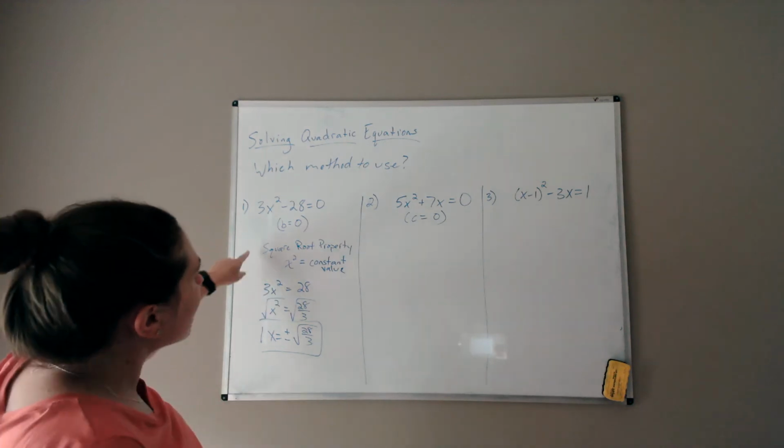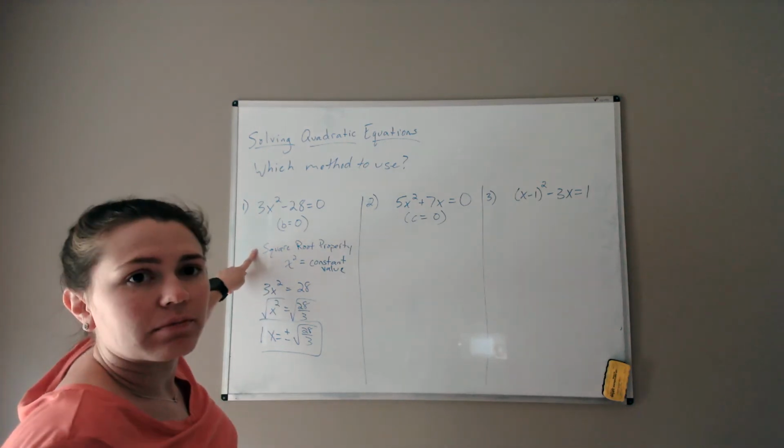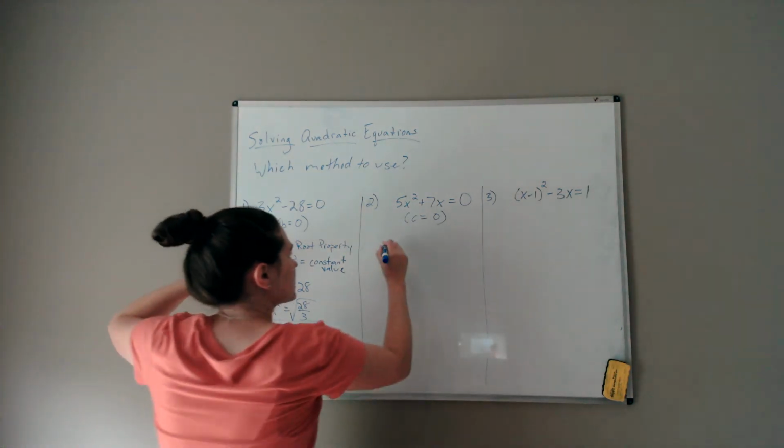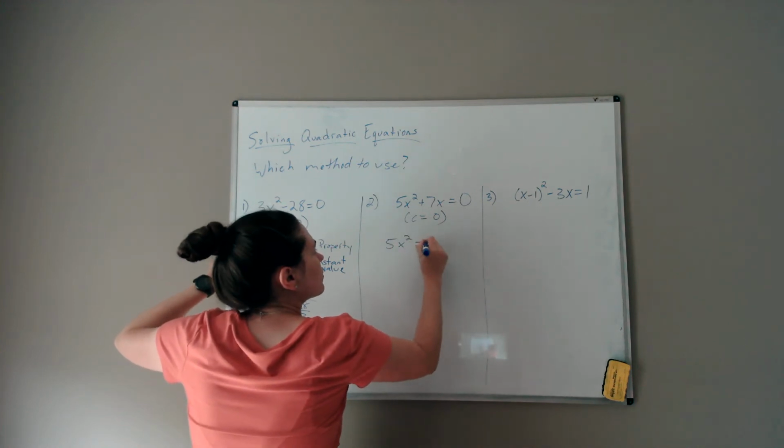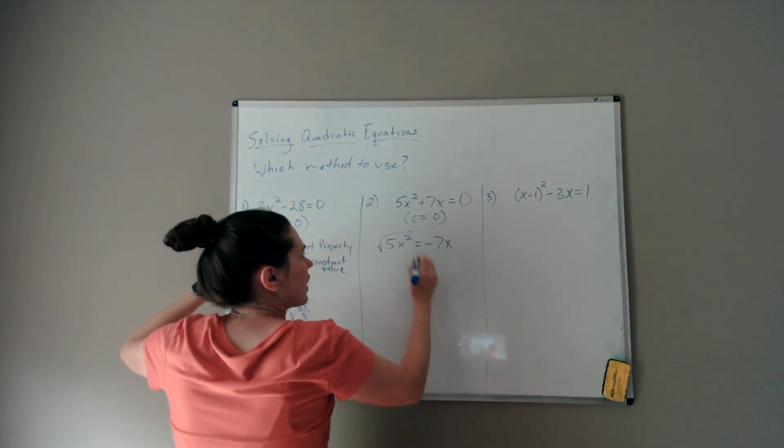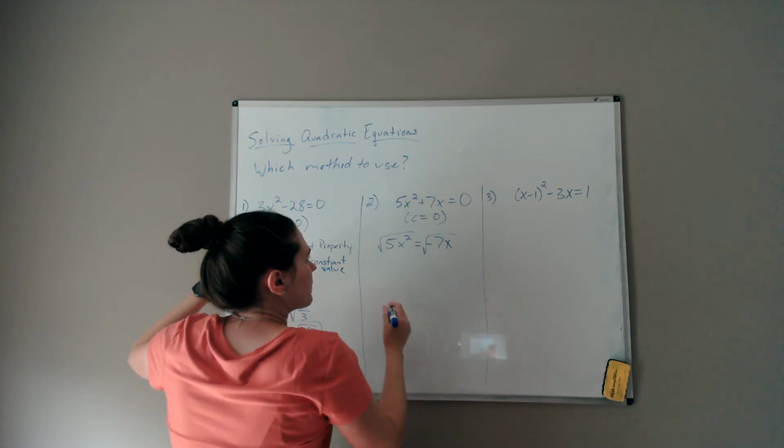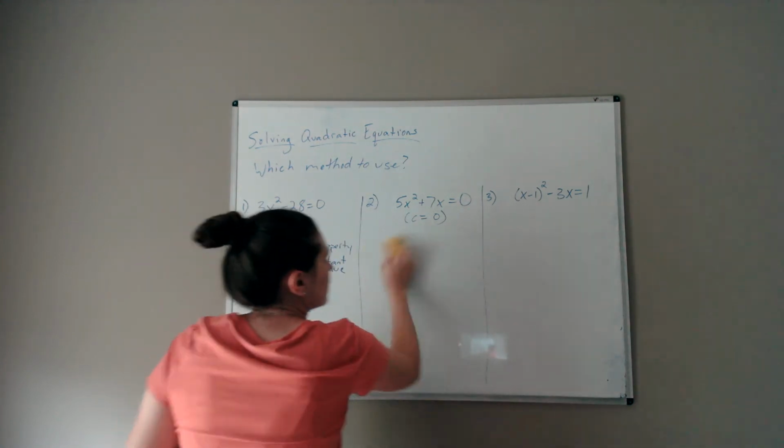Now, you cannot use the square root property method on this. Let me write it all out.